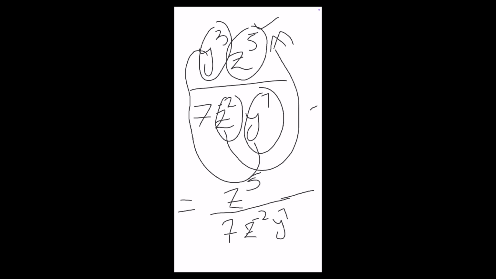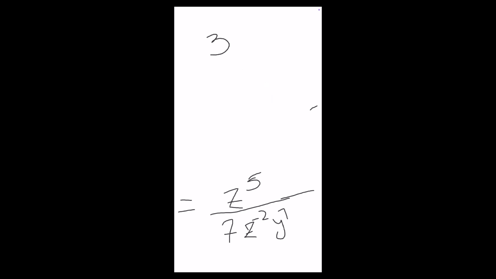Exactly. And remember, when the denominator goes up, it will be converted to minus. Getting my point? Let me explain again. For example, this is my 3y raised to power 2, and this is my y raised to power 3. Now what I am going to do, I really want the numerator to come down to the denominator, right?